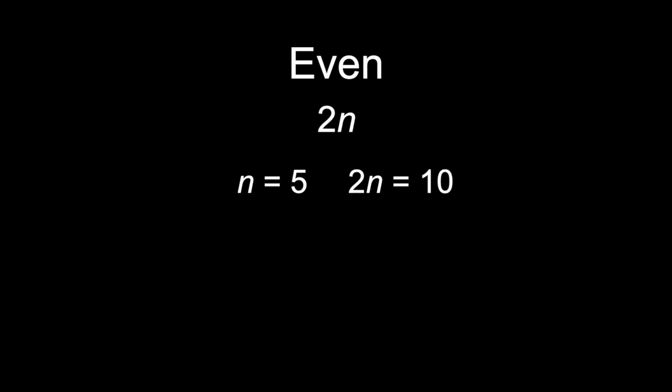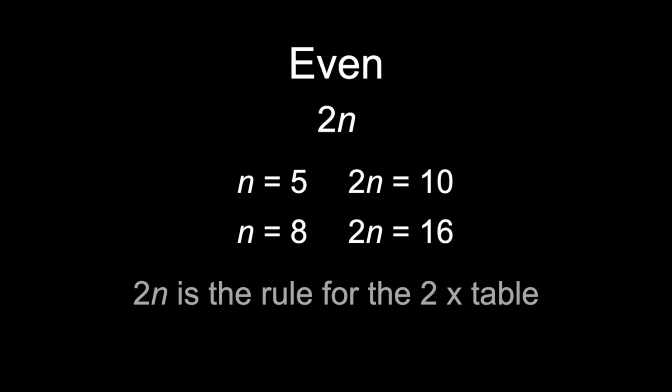In the world of expressions, you'll come across the idea for a general rule for even numbers, which is 2n, where n is any positive integer or whole number. So when n is equal to 5, 2n is equal to 10, and if n is equal to 8, 2n is equal to 16. 2n is essentially the general rule for the 2 times table, and is therefore the general rule for even numbers.